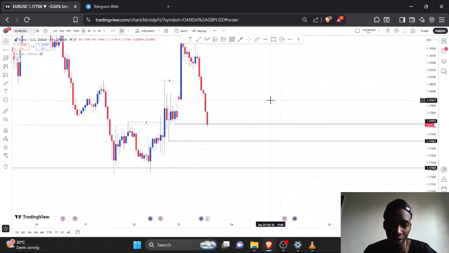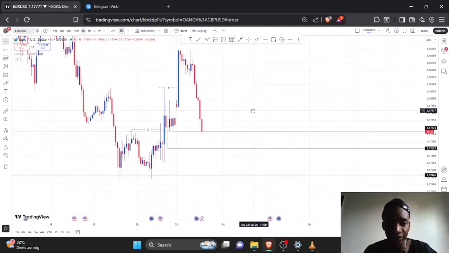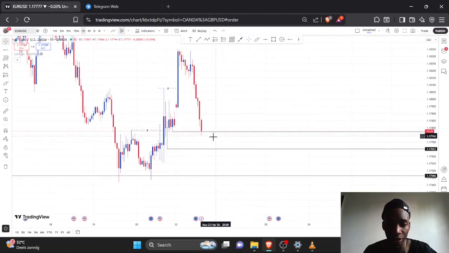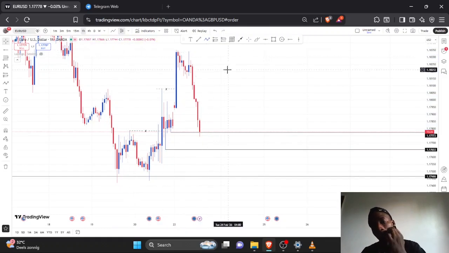Depending on how satisfied the market is after grabbing the liquidity, if it is satisfied enough, it's going to reverse from this point back. So just be patient.